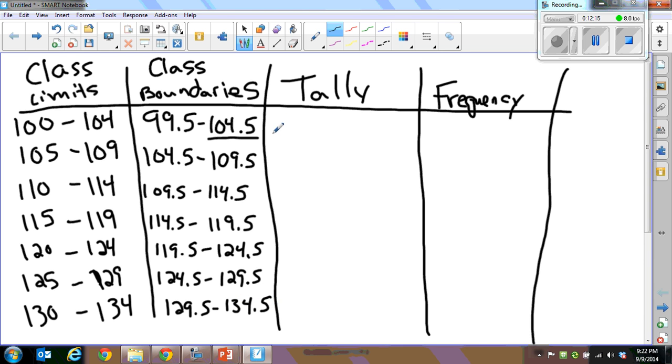And then we go ahead and tally. So we go through all our data and we tally. Where would 112 fit? Right here. Where would 100 fit? Right here. And we keep going through these.